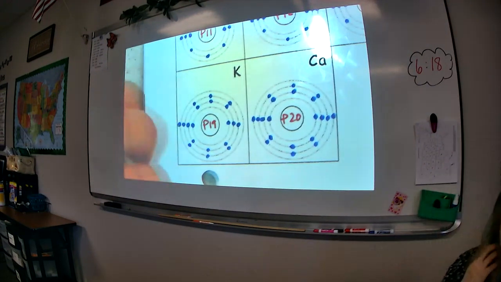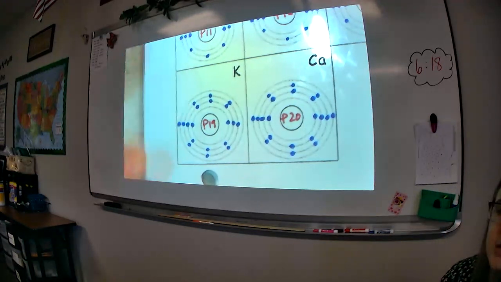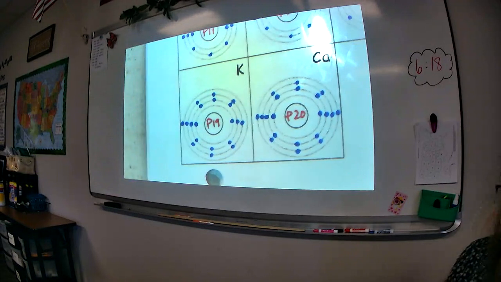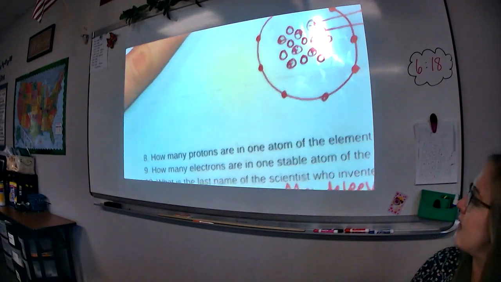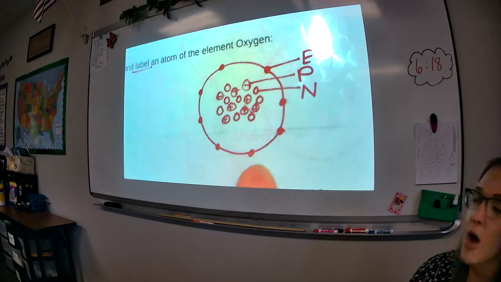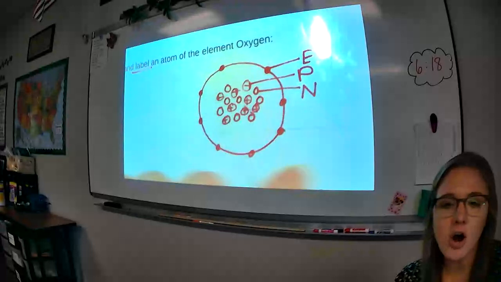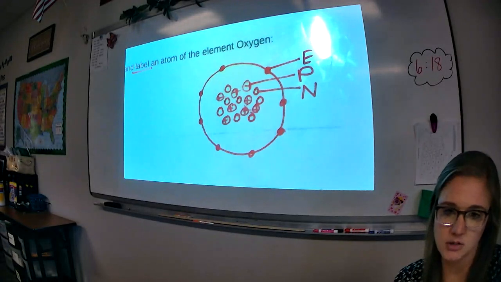We'll come back to this a little later in our notes. You do not have to know this for your quiz tomorrow. But I did want you to see, when we did our homework, we just put all the electrons on one shell, like for example, oxygen. Technically, that's not correct, but all I was concerned about was you having the right number of protons, neutrons, and electrons.